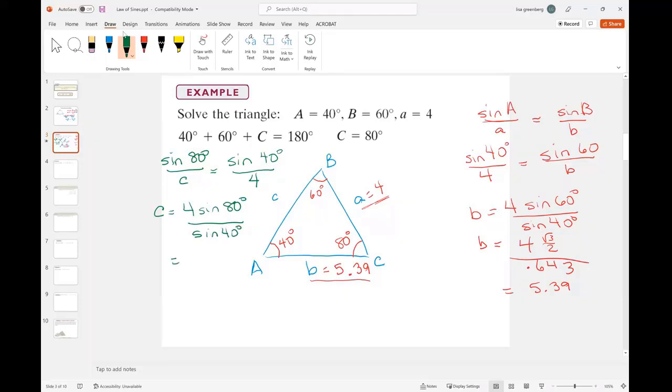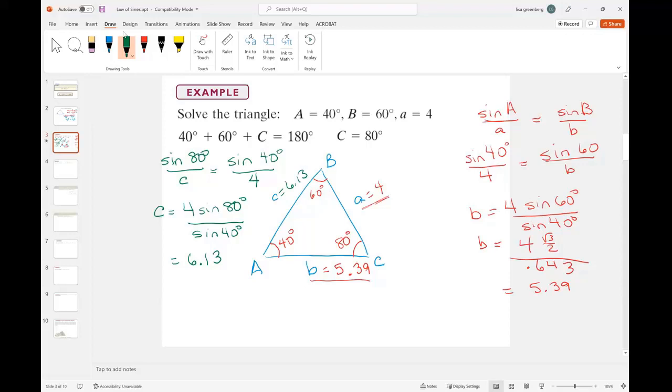And again, I have to use my calculator because I don't know any of those. So the sine of 80 degrees times 4 divided by sine of 40. And I get 6.13.